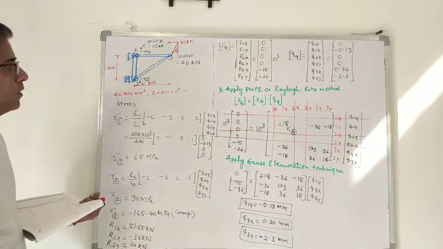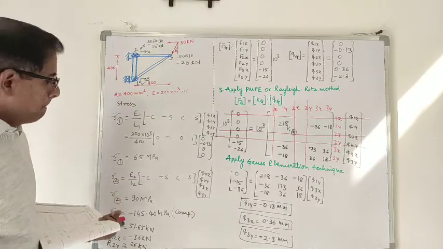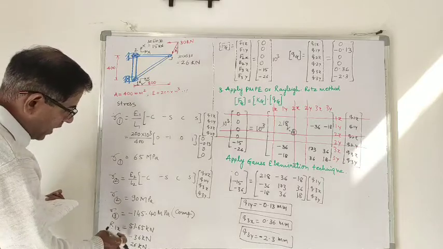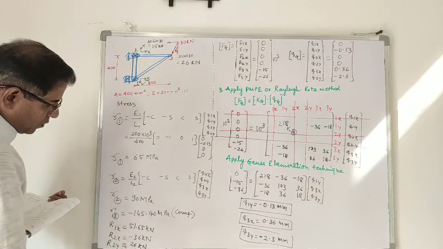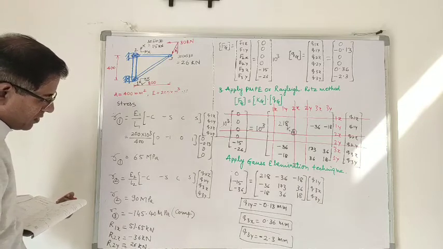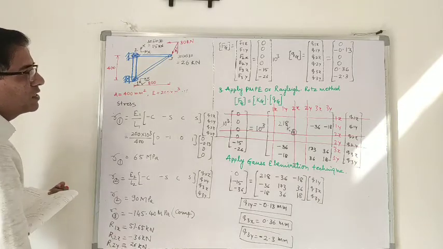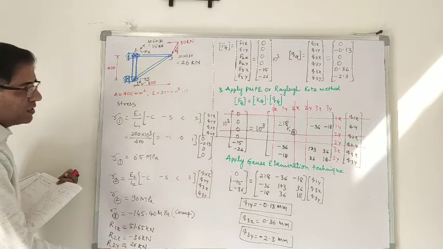So if you add 51 minus 36, so 51 minus 36 is 15, 15 plus 26.